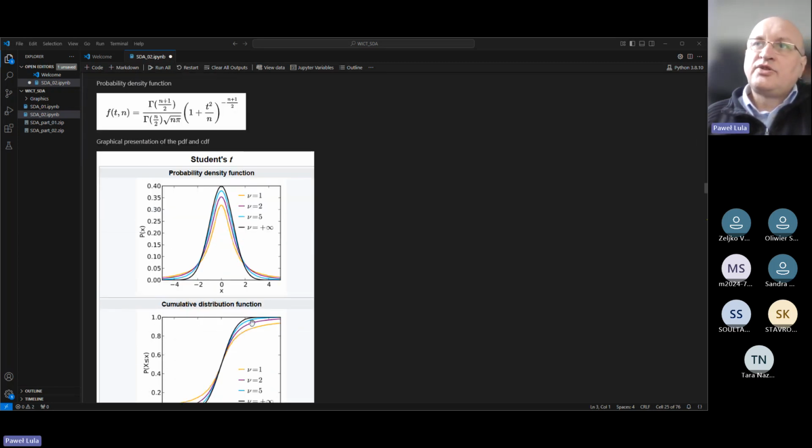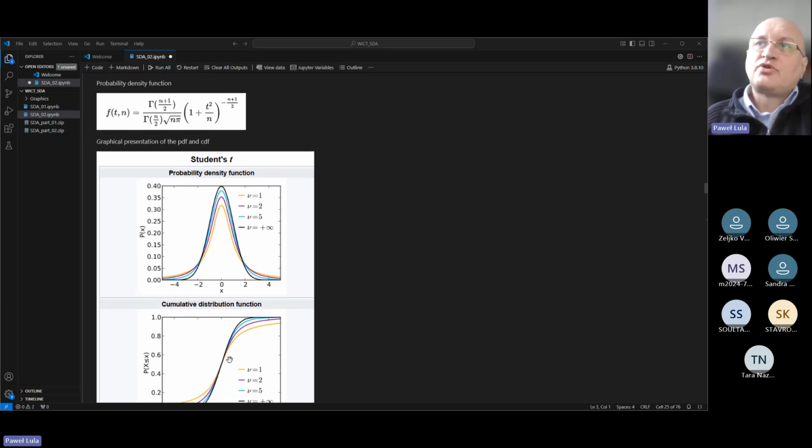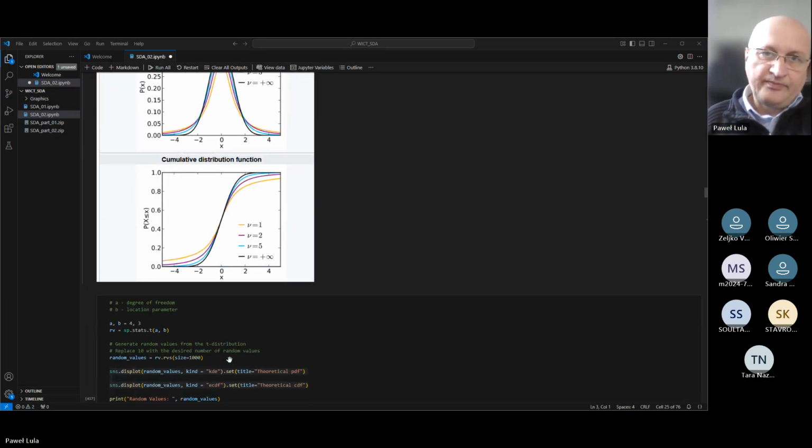We also see here that the cumulative distribution function for t-student distribution also is very, very similar. So we should remember that t-student distribution is very similar to normal distribution.